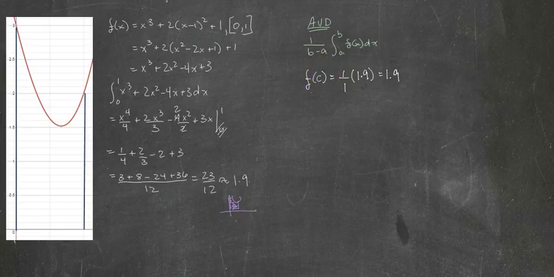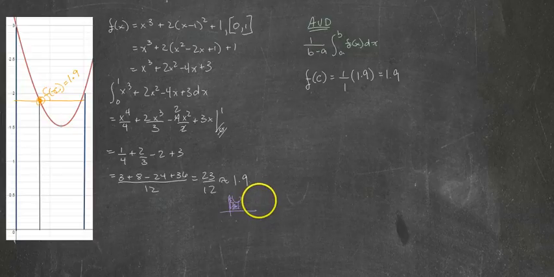So I know now that at y equals 1.9, or f of c actually equals 1.9, I have a value for the height of my rectangle that has an area equal to the area under the curve.